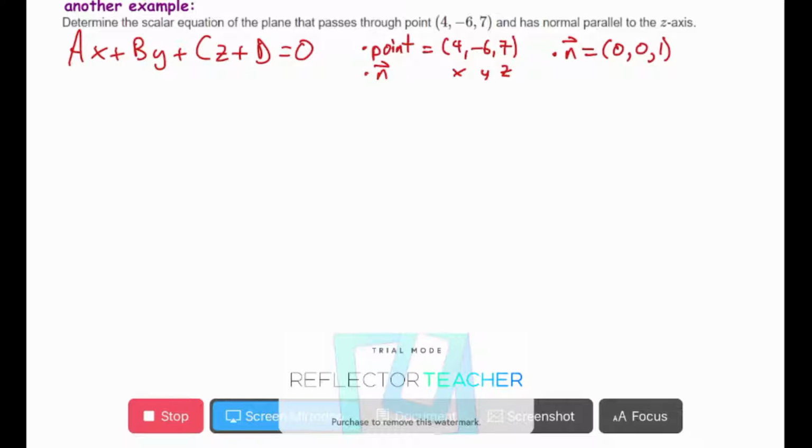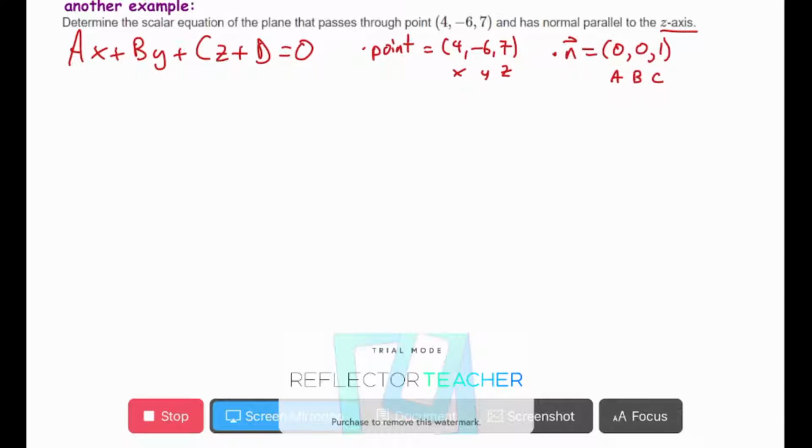Well, where did I get that from? What do we know about our direction vector? We know it's parallel to the z-axis. Do I know any vectors that are parallel to the z-axis? Yeah, remember I had my i, my j, and my k. The unit vector parallel to the z-axis, which we've previously used to represent the z-axis, so we can just use that. So I know my A, my B, and my C values.